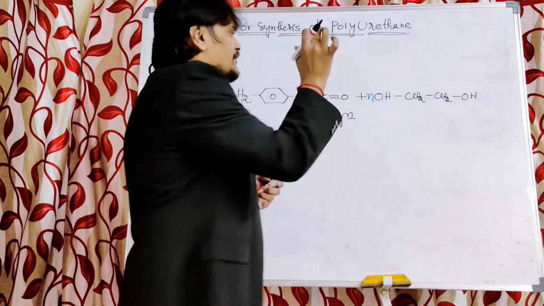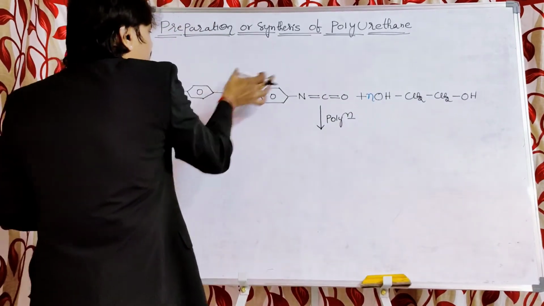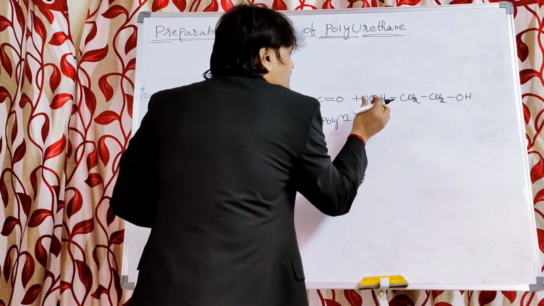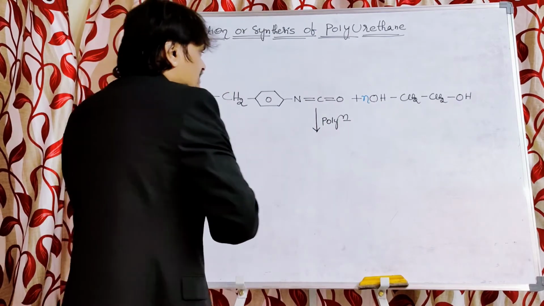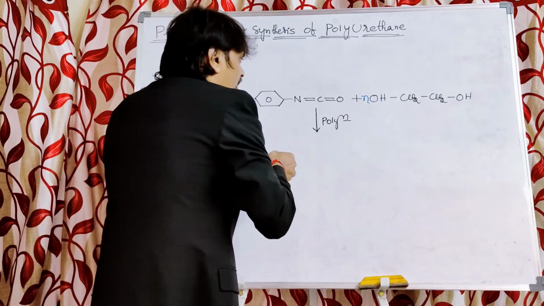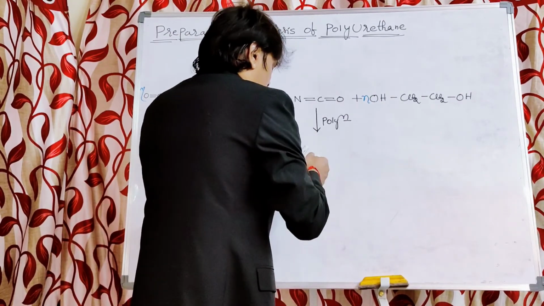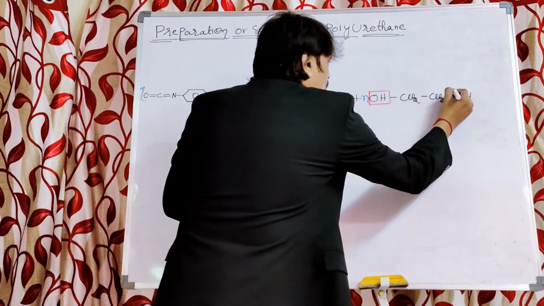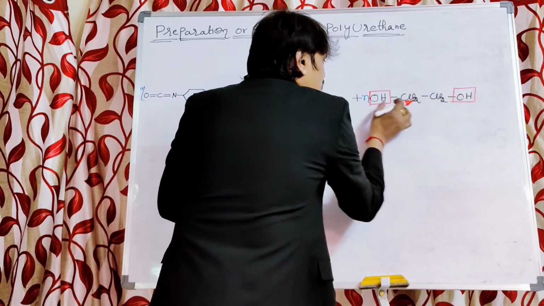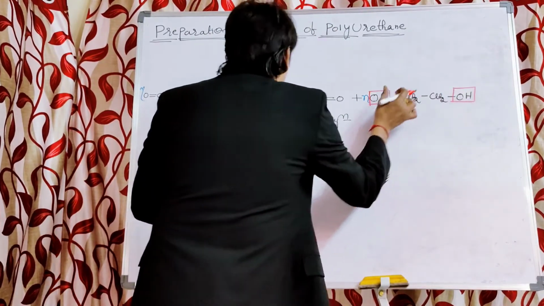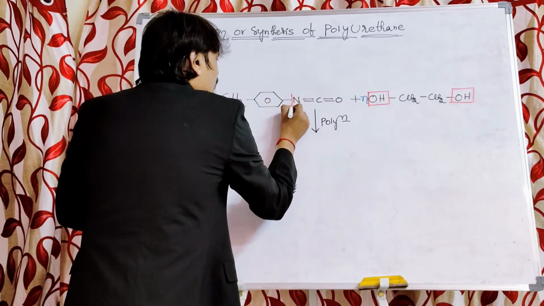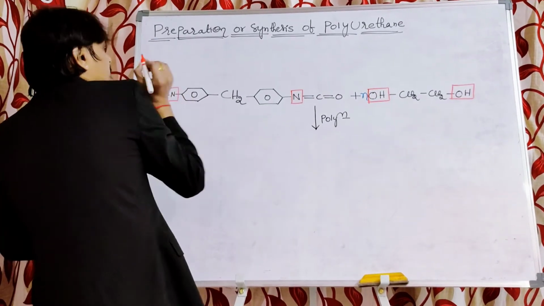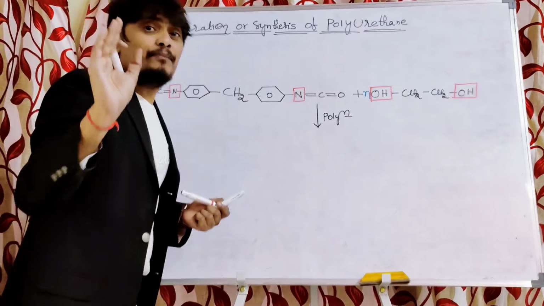Now do remember that during the polymerization between methylene diphenyl diisocyanate and ethylene glycol, hydrogen transfer takes place from the hydroxy moiety of ethylene glycol to the nitrogen of isocyanate. So this is what exactly happens.